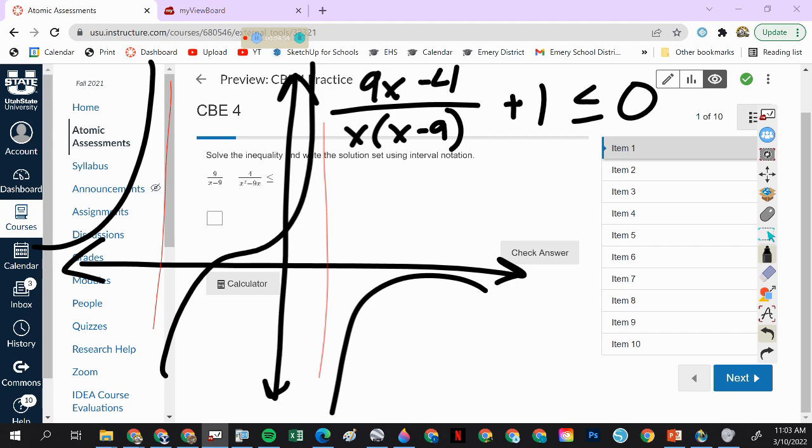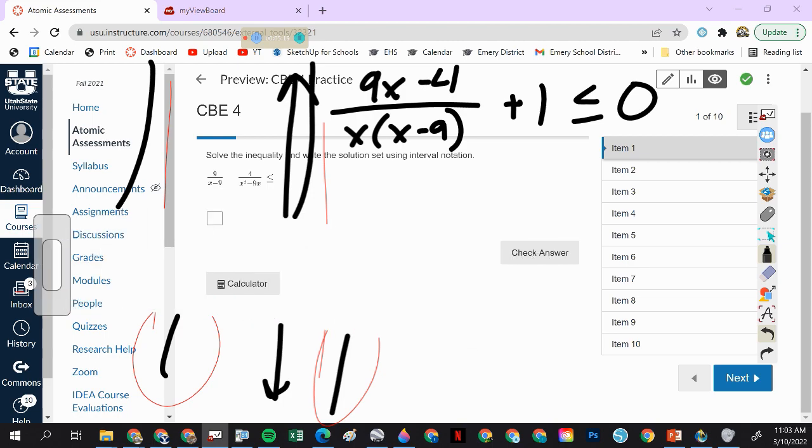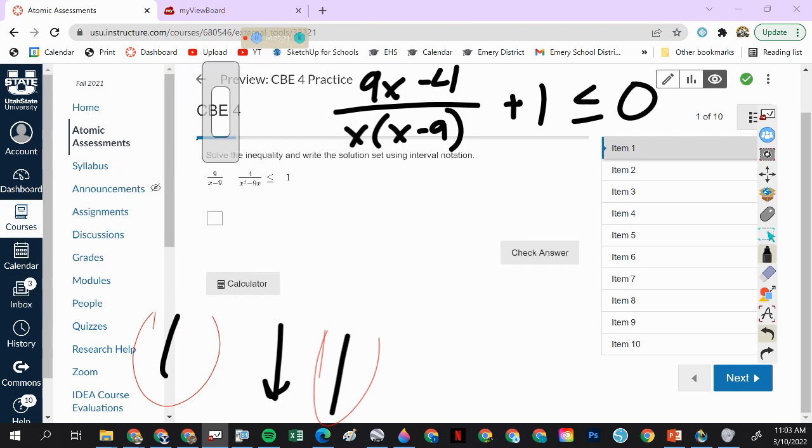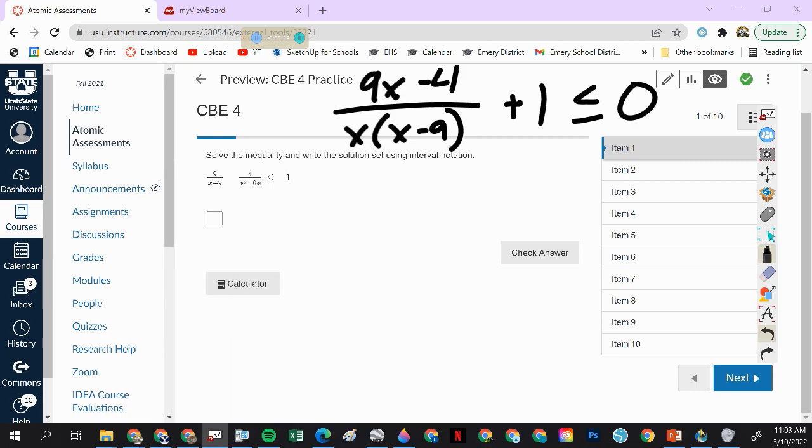So what I want to do is draw a line at -1, and I want to find the pieces of the graph that are below that. Okay, but it's actually easier to compare it to 0 than it is to compare it to -1. So I moved the -1 to the other side, and it became a +1, and now I have an inequality that is less than or equal to 0. So it's a slightly different graph. It's been shifted a little bit.